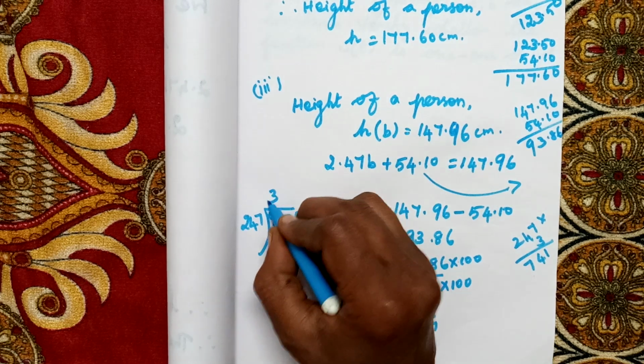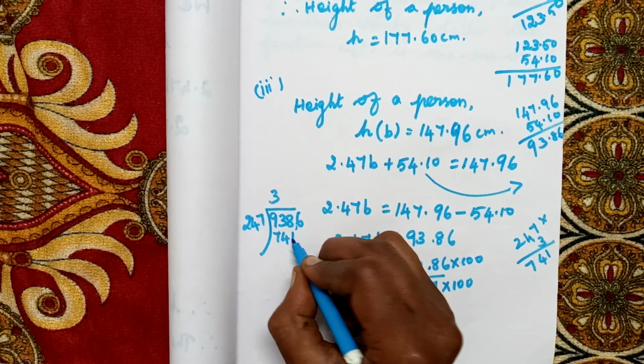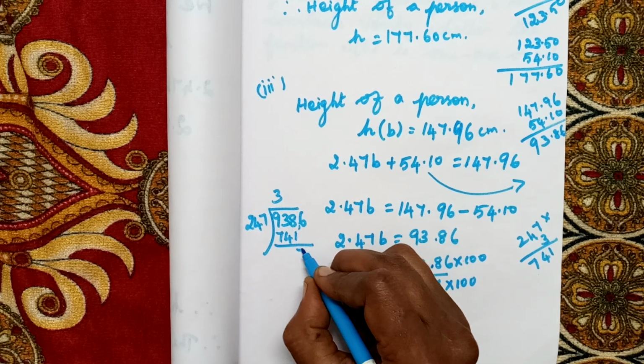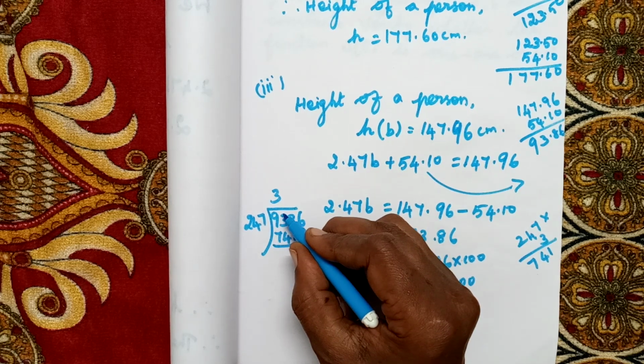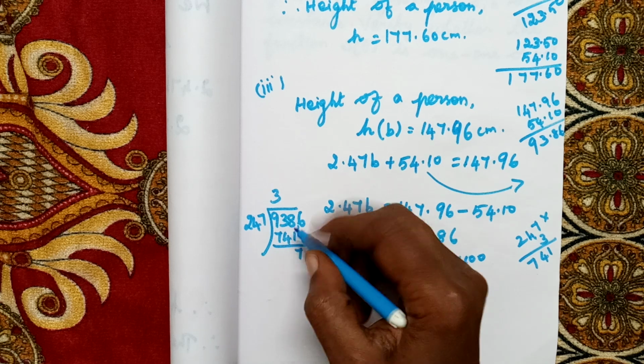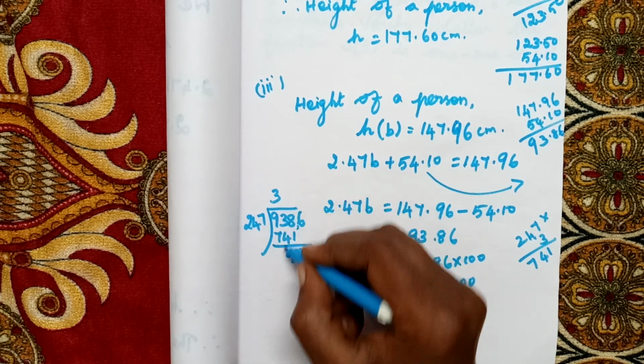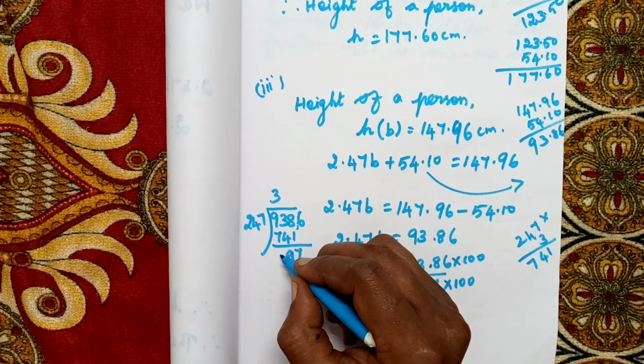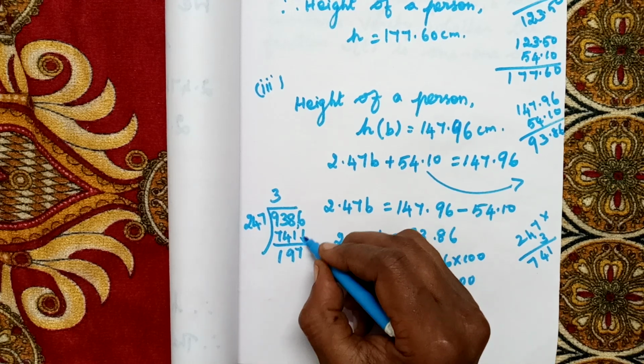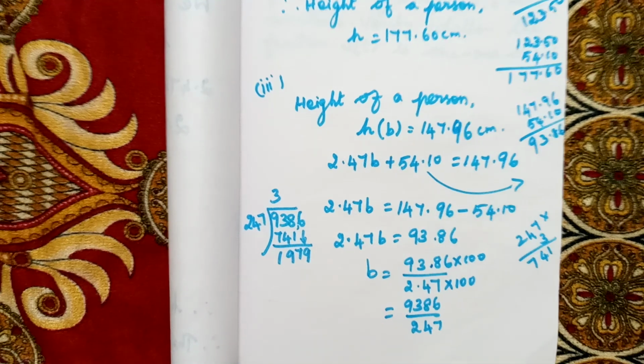So 3 times is 741. Balance is 7. Here 13 minus 4 is 9. Next here 8. 8 minus 7 is 1. Next is 6. We have to take it down.